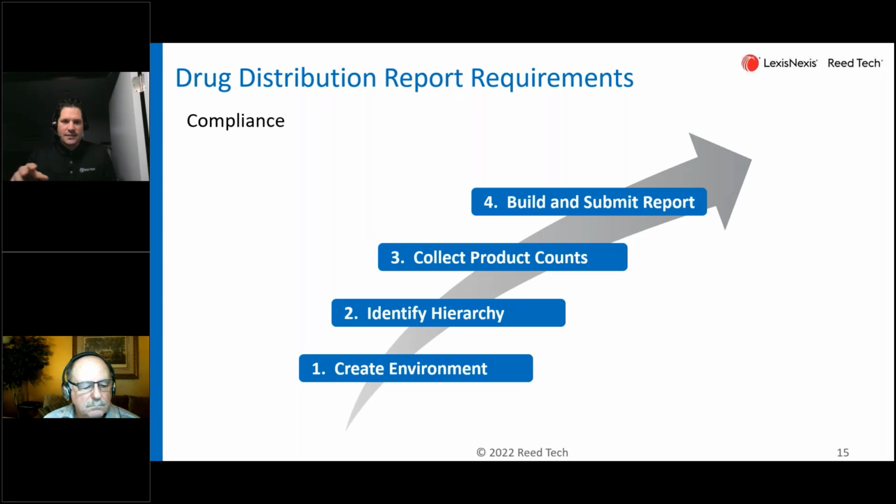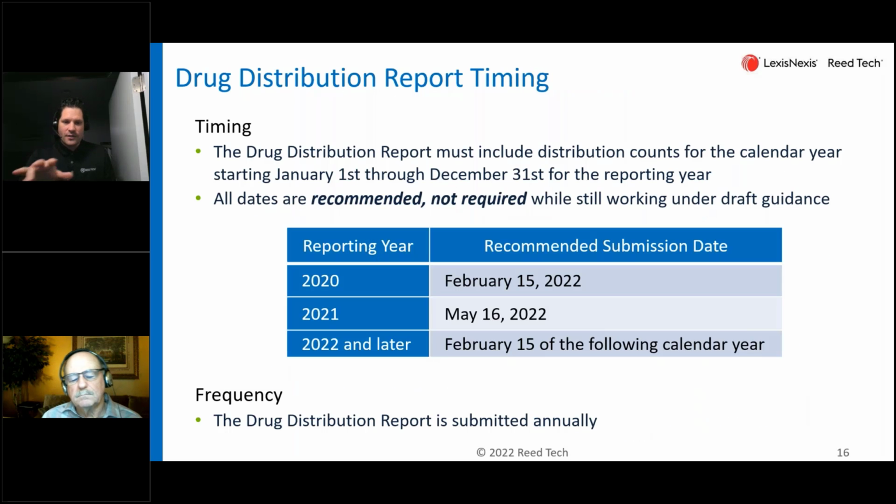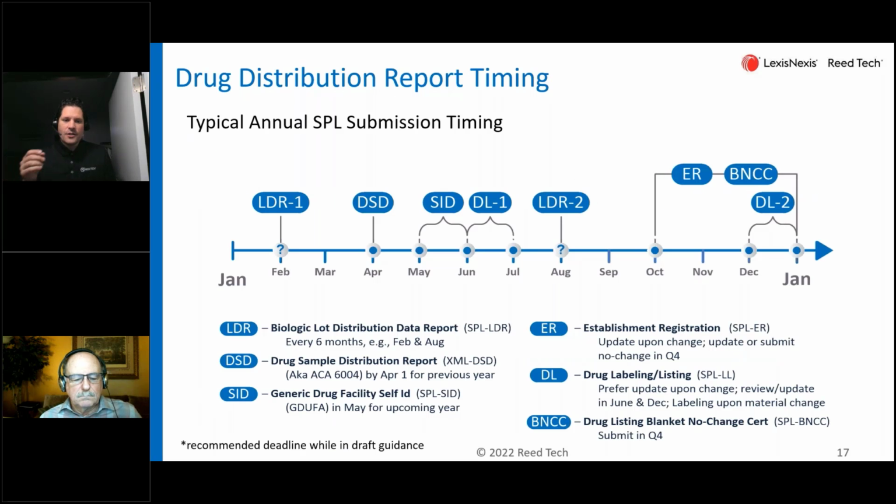Now if you move to the next slide, not necessarily this one, but the next one that showed the timeline. Gary had mentioned earlier, this question mark for LDR is earmarked for organizations who have BLAs or vaccines.